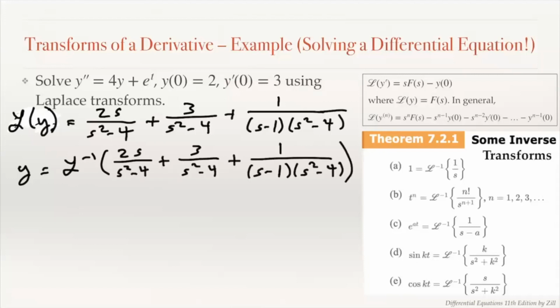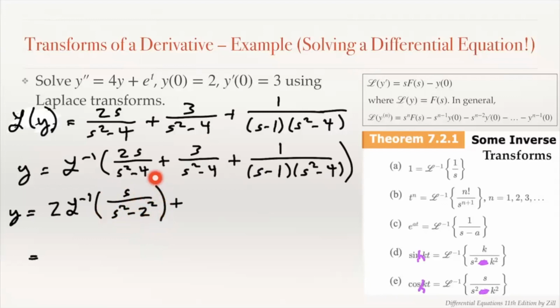Okay, now we can break it up. So that's 2 inverse transform of s over s squared minus 4. Let's write that as 2 squared, s over s squared minus 2 squared. Remember that for hyperbolic sine and hyperbolic cosine, that just becomes a minus. So that's why we're writing it that way.